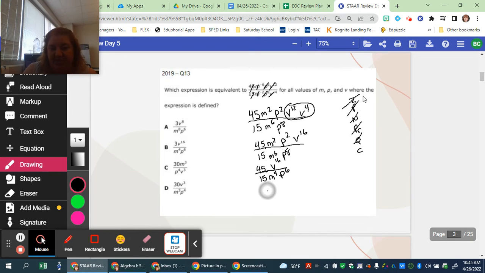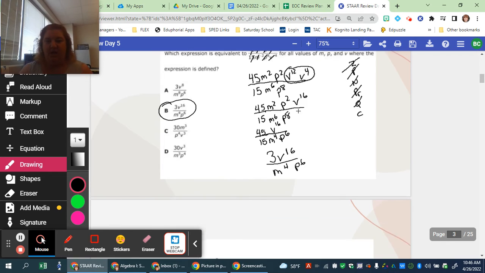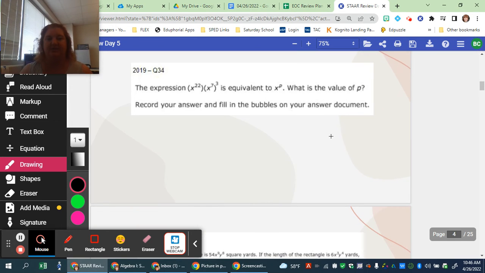So I end up with 3 V16 over M4 and P6. There it is.